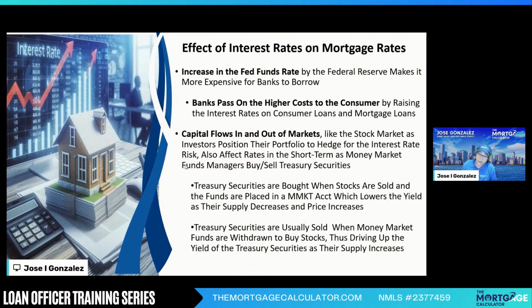And what has occurred then is that the yield on the treasury securities has gone up. That's how the market is pricing, at least in the short term, for no recession. And the end result is that the mortgage rates, instead of going down, have tracked a little bit higher the last couple of days. So do follow your indexes on a daily basis so you can have a good idea of when it's going to be a good moment to lock your files.